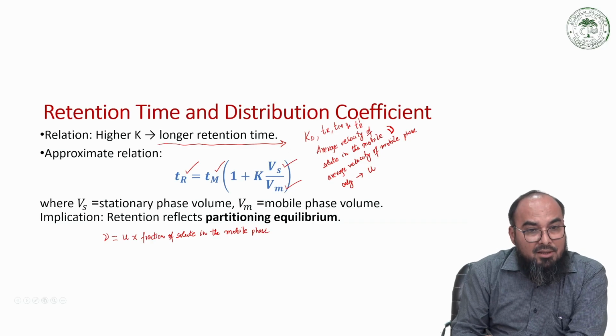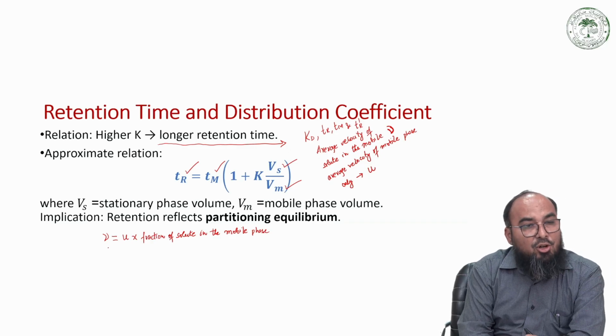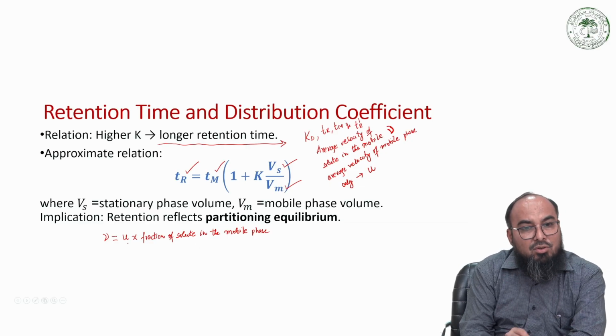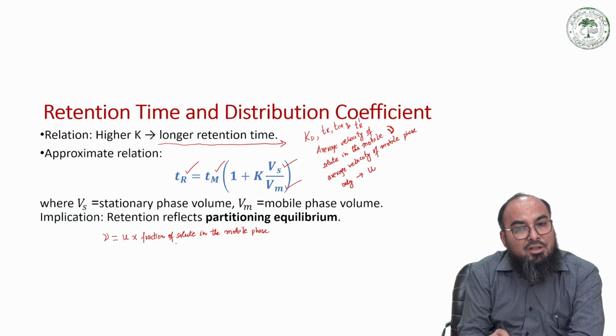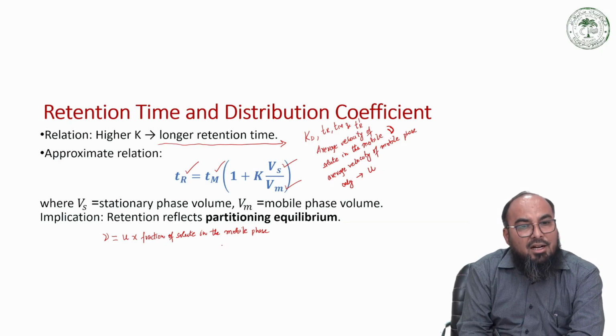That is, the average velocity of solute in the mobile phase can be equated with the velocity of the pure mobile phase into the fraction of solute in the mobile phase. Okay, it's a clear cut relation.